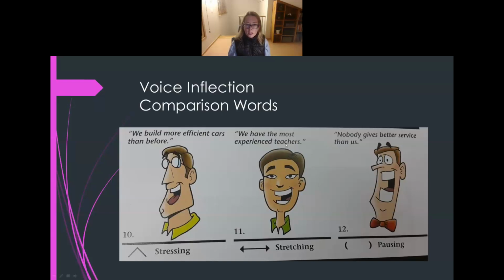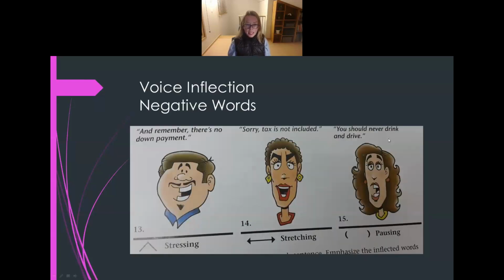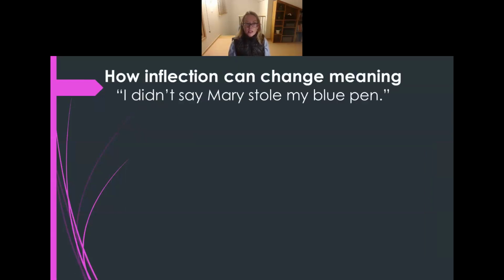You've got more efficient, most experienced, better. Those are some comparison words. Negative words like no, no down payment, not, never. Please practice these. So how inflection can change meaning with the sentence, I didn't say Mary stole my blue pen.